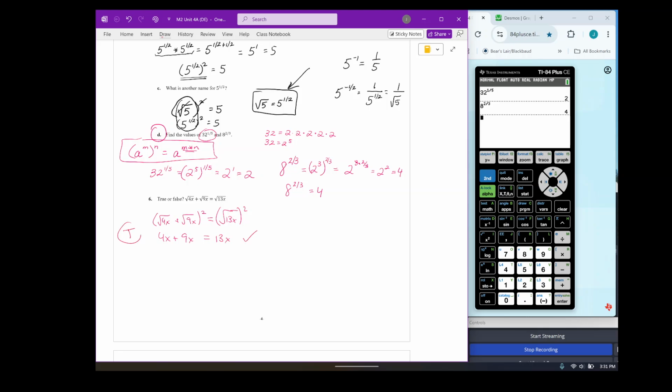So true. But that's wrong. So here's where it goes wrong, from here to here. Root 4x plus root 9x squared is not root 4x squared plus root 9x squared. It's not 4x plus 9x. It's this thing.